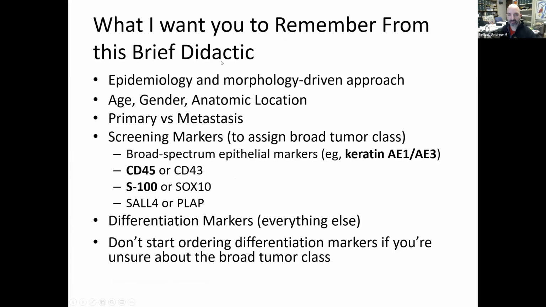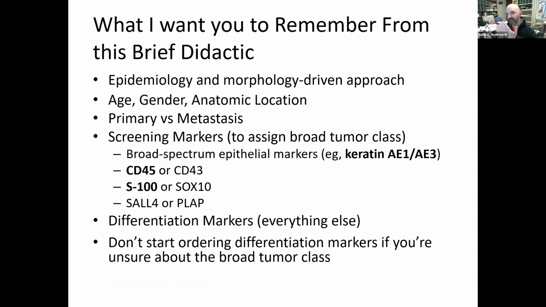What I want you to remember is that we're going to use epidemiology and morphology hand in hand. When I look at a case like this, I generate a differential diagnosis before I even look at the slide based on the epidemiology of disease. And then I use morphology and I generate a second differential diagnosis.